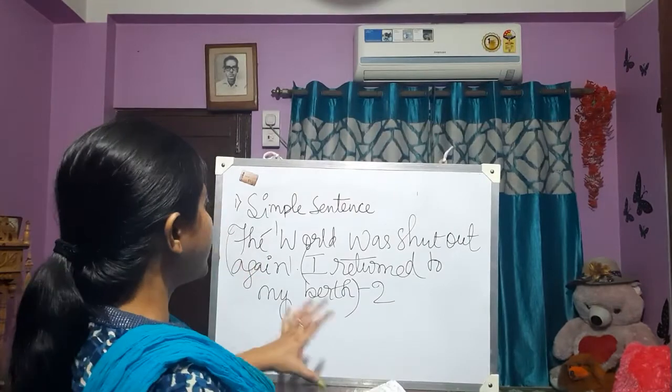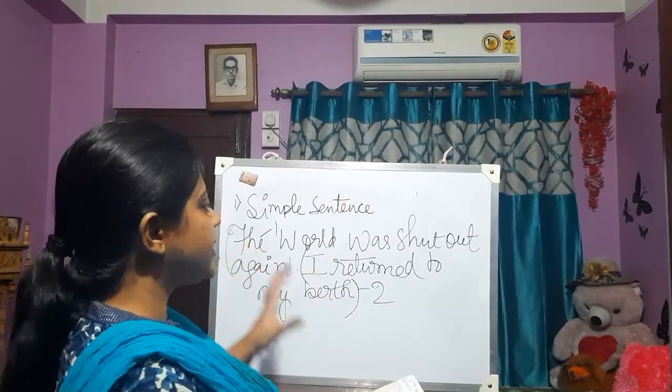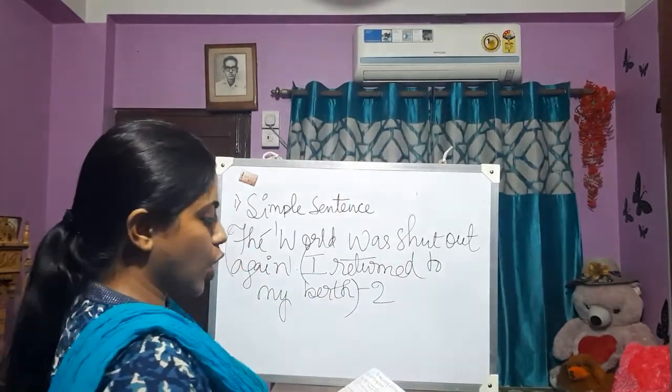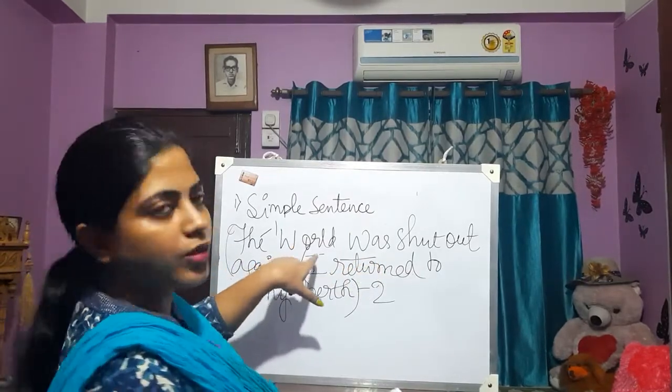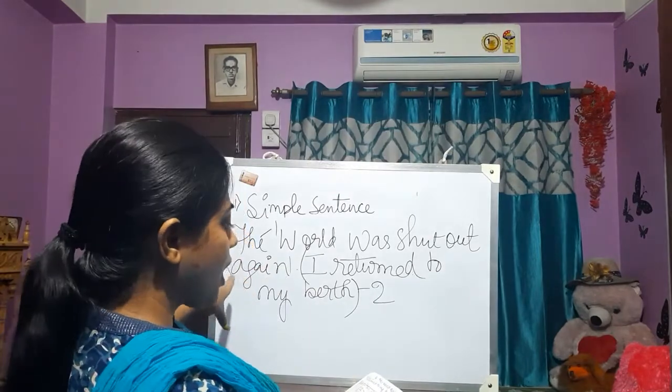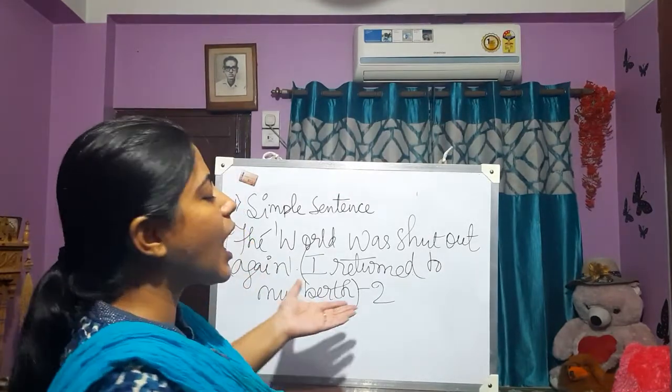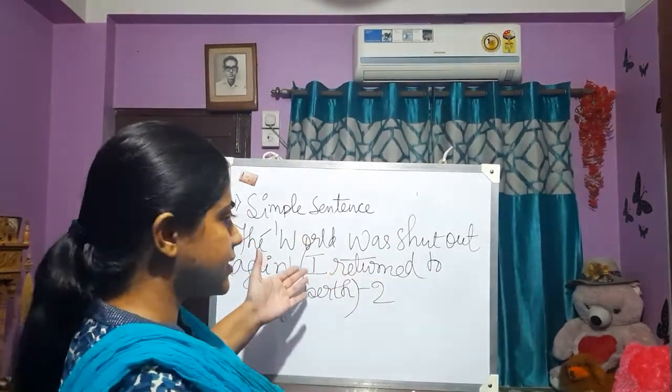Now, I need to join. My subject needs to be the same. So, here my subject is the world, with which it is starting. So, how will I join the sentence?